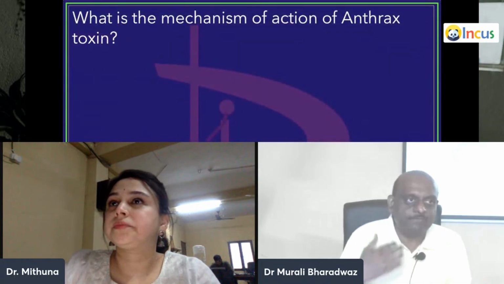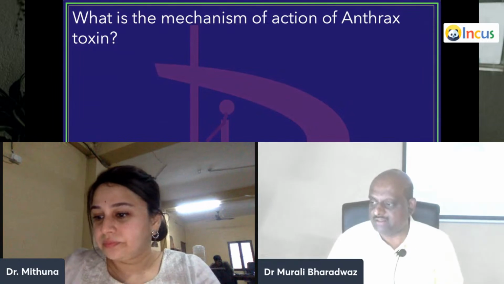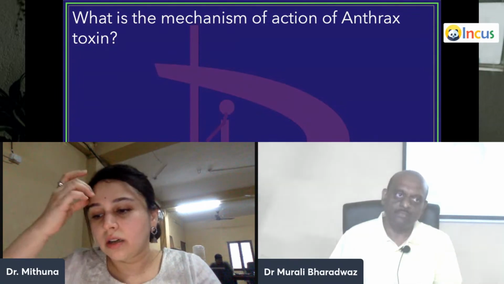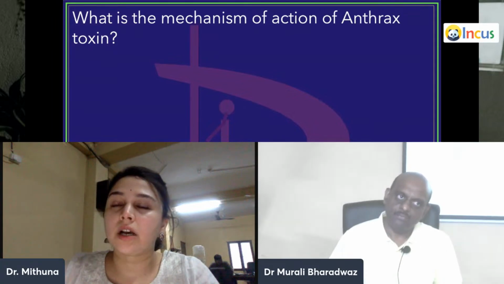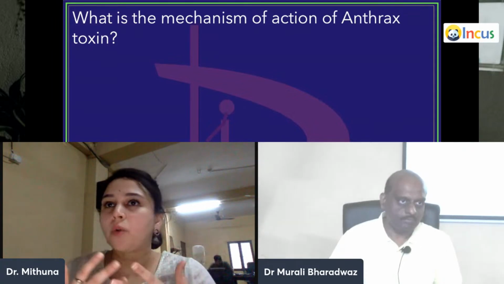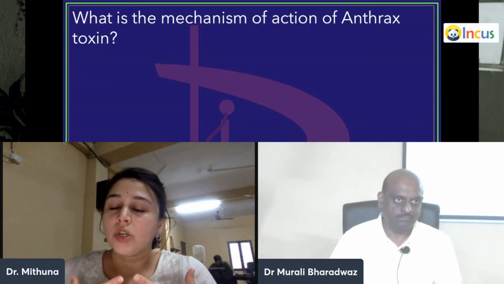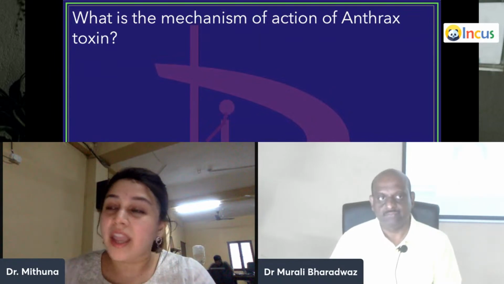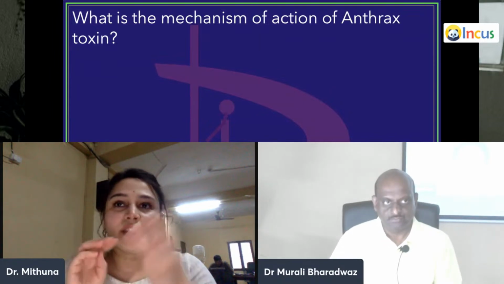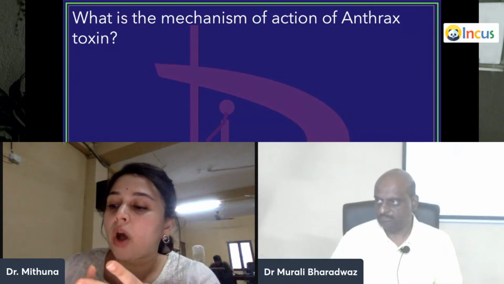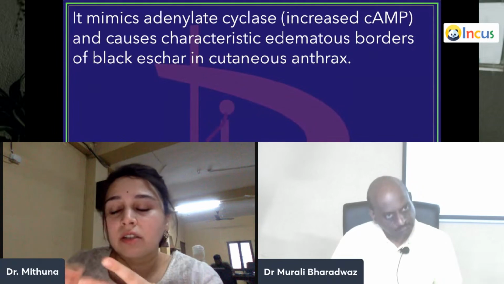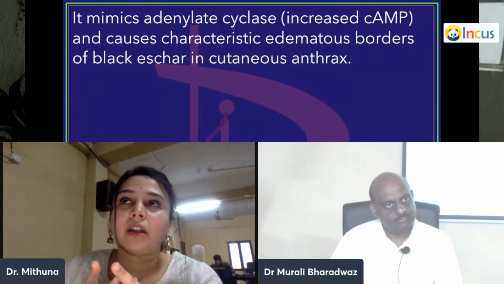So, what is the mechanism of action of anthrax toxin? Anthrax, sir, has a capsule around it. It's a gram-positive bacteria. The bacterial capsule prevents phagocytosis, and it also produces exotoxins. There are three exotoxins produced: one is edema factor, the second is lethal factor, and the other is protective factor.